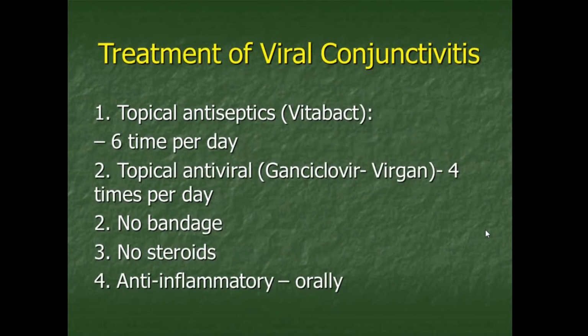Treatment of viral conjunctivitis: we shouldn't prescribe antibiotics. We can prescribe a topical antiseptic like Vitabact, for example, 8 times per day. And we can prescribe a topical antiviral gel, for example, ganciclovir Virgan, 4 times per day.